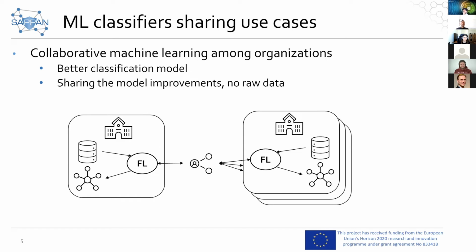That's the first use case of using the machine learning model and sharing them. The second use case that we've been investigating at SAPPAN is how to improve the detection capabilities. Here we have a specific example where multiple organizations are able to train their classifier.